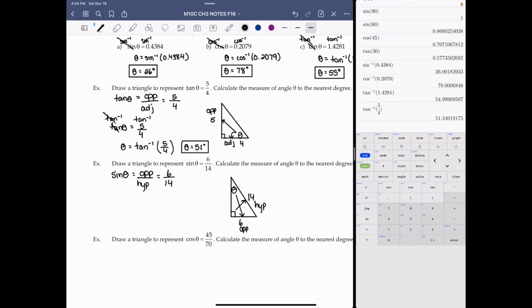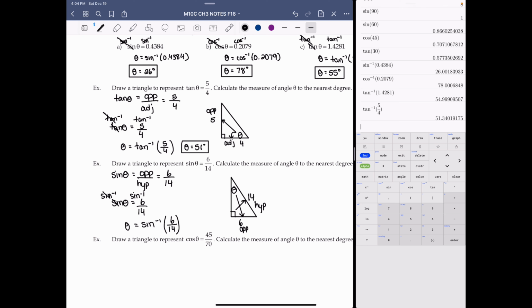And then we want to calculate angle theta. We have sine theta equals 6/14. We want to do the inverse sine to both sides to move the sine function over. Then we get sine inverse and sine cancel each other out, and theta equals sine inverse of brackets 6/14, close brackets.